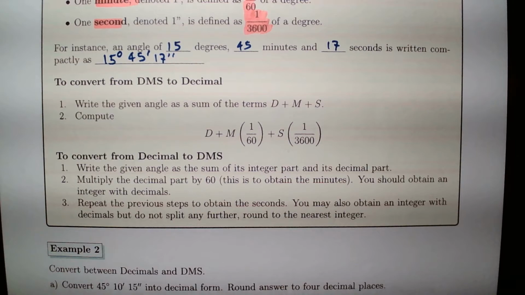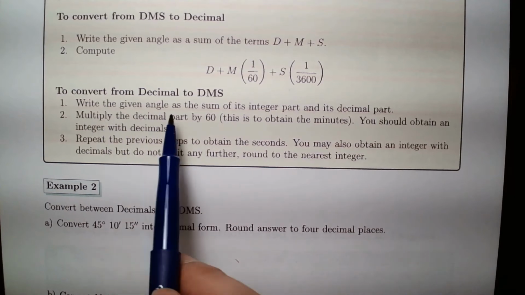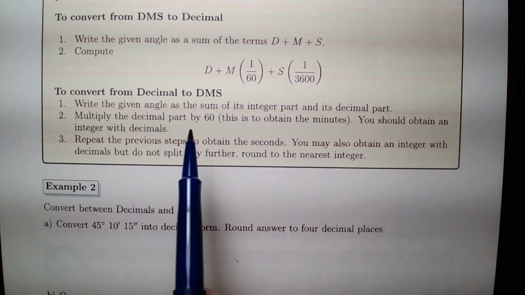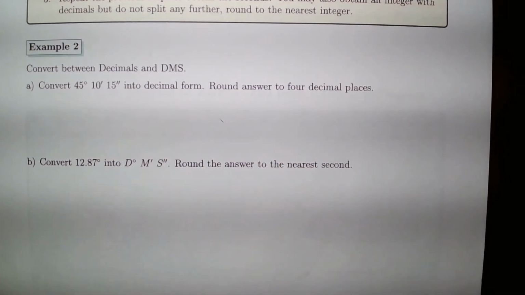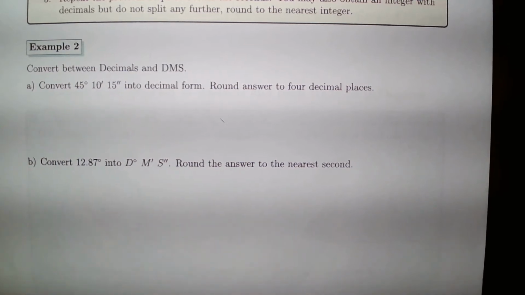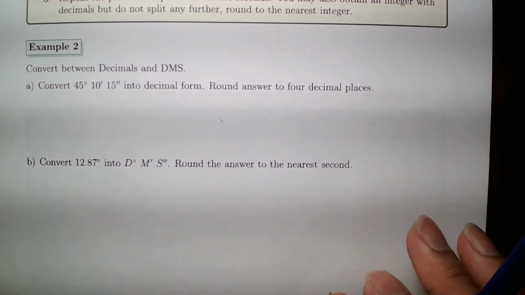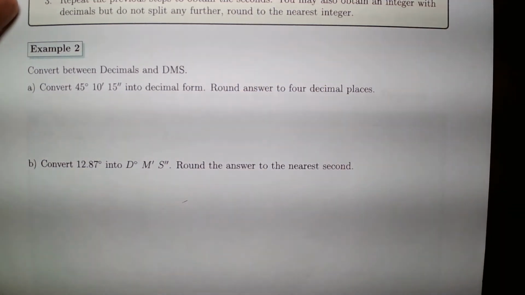And for the process to do the reverse, we will see all these steps in action. In the meantime, let's do one simple example to convert 45 degrees, 10 minutes, and 15 seconds. Let's convert those into decimal form, and then round the answer to 4 decimal places.